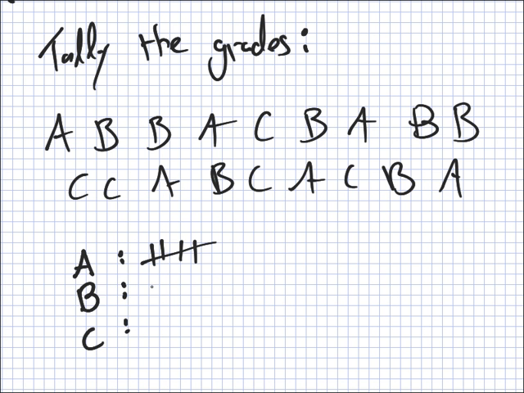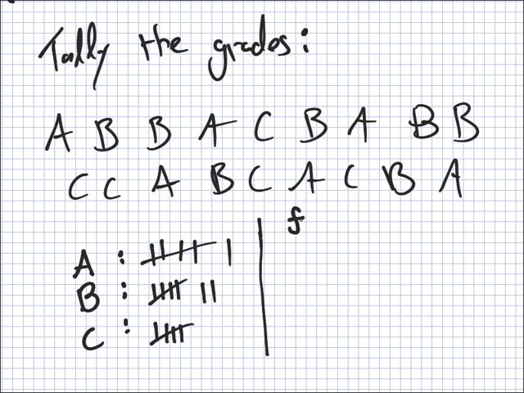The B's, let's see, you have 1, 2, 3, 4, 5, 6, 7. And then the C's, 1, 2, 3, 4, 5. There are 6 A's. Did I miss one? 1, 2, 3, 4, 5, 6. Okay.